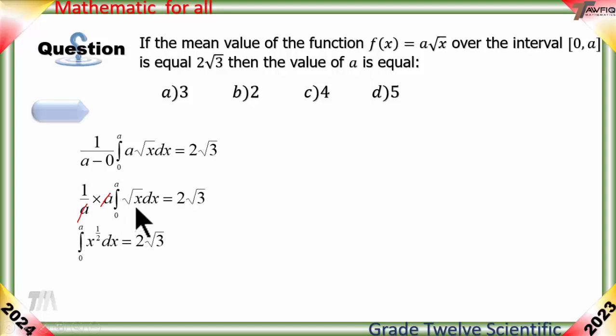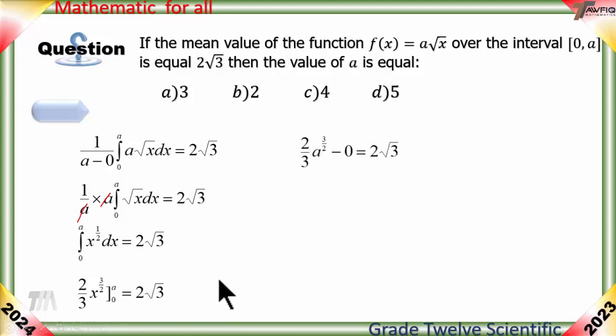Converting square root of x to the power 1 over 2 dx, equal to the square root of 3. Now by taking the integral of x to the power 1 over 2 is x to the power 3 over 2 times 2 over 3 from 0 to a.